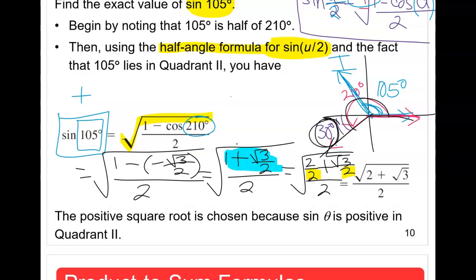And so that will be 2 plus the square root of 3 over 2. And then we are dividing by this 2 here, so I'm not so sure what happened with that one. Okay, I'm going to pause the video and figure this out.